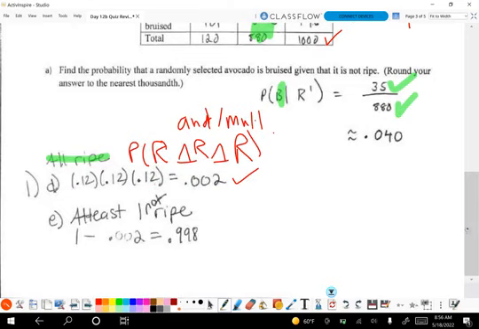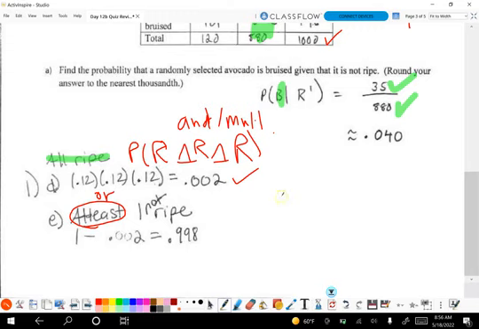1E can be done a number of different ways. The fact that it says at least 1 avocado not ripe is another way of saying this is an or problem. Either 1 avocado is not ripe, or 2 avocados are not ripe, or 3 avocados are not ripe. That's a lot of probabilities to calculate.